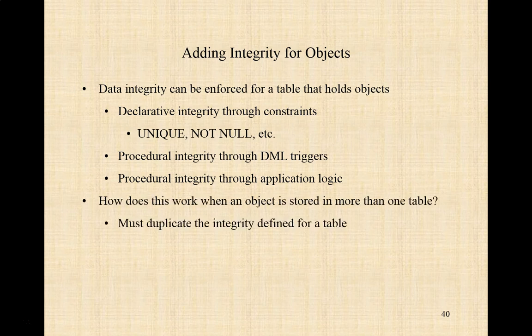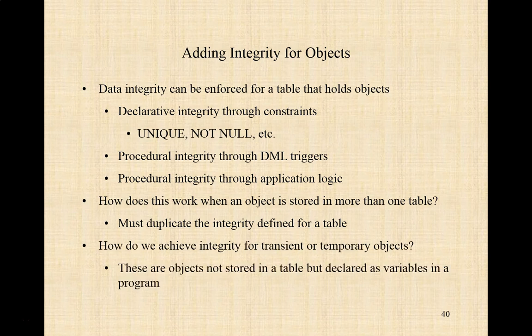If we wish to store objects in different tables, the tables are going to require the same integrity constraint mechanisms, whether those be declarative integrity or procedural integrity. This results in duplication of effort. Additionally, not all instantiated objects will be made persistent. We can use an object type for a variable.